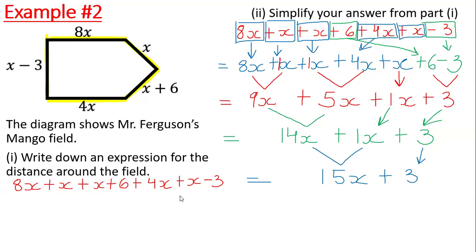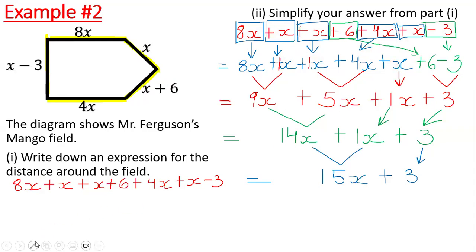Okay, so let me explain it again. So what we did here, you have to watch your x's. So we have 8x, bring that down. We have x right here, we bring that down. And then we have 4x, we bring that down. And then we have x by itself, we bring that down.